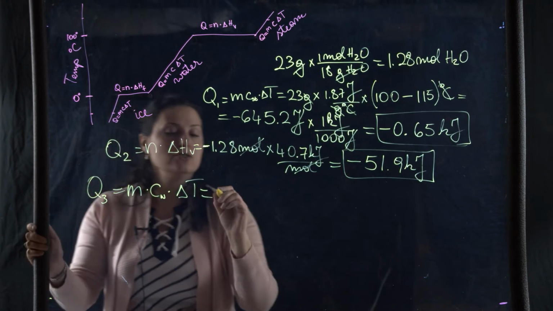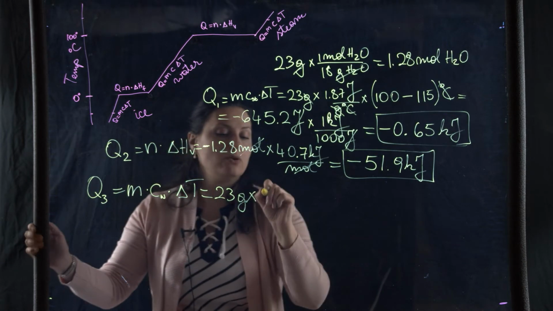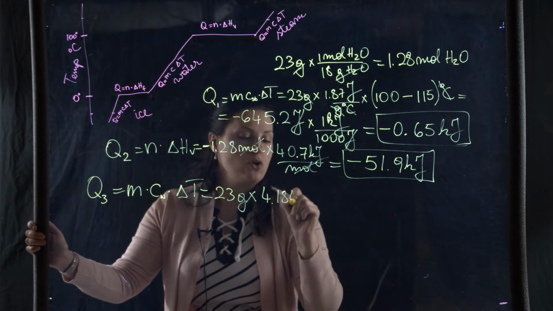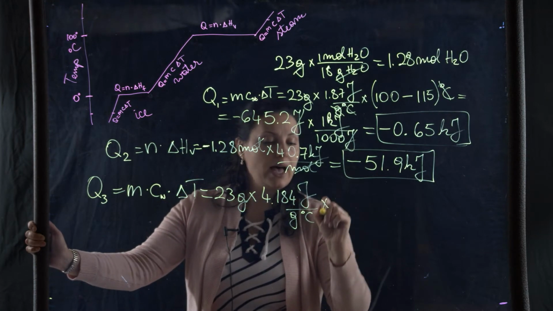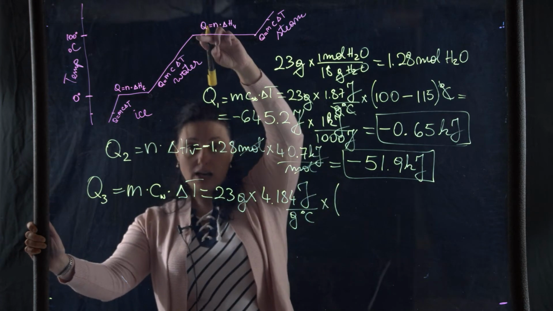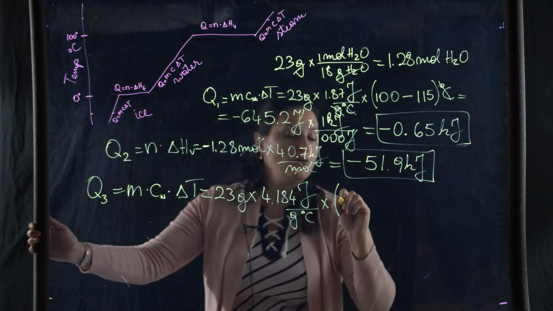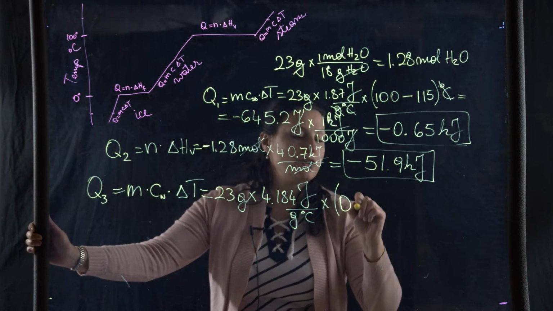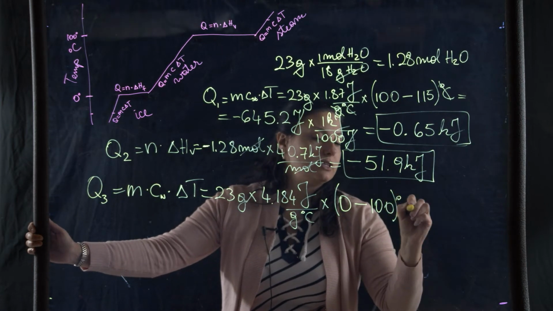The mass doesn't change, 23 grams, times C for water, which is 4.184 joules per gram degrees Celsius, times delta T. Let's think about the delta T. I start at 100 degrees and I end up at 0 degrees. So my final temperature, 0, minus the initial temperature, 100 degrees Celsius.